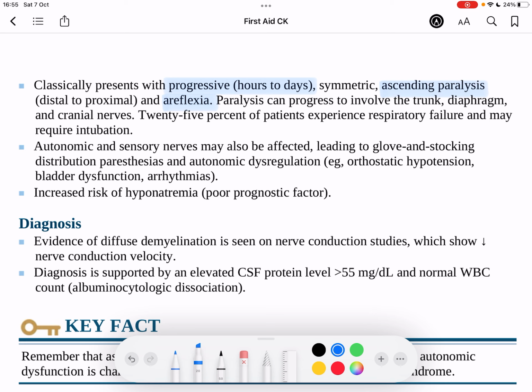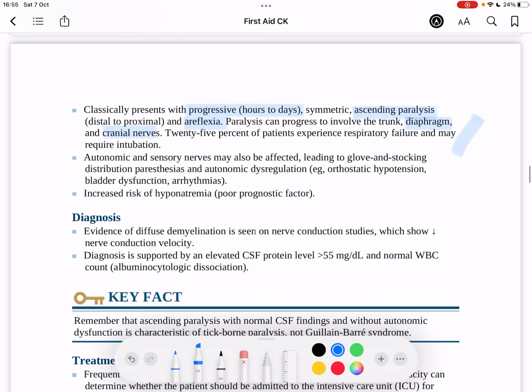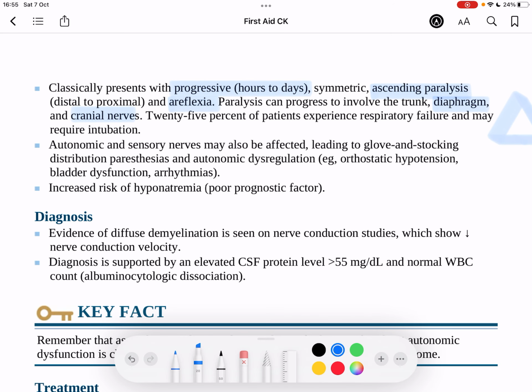Paralysis can progress and involve the trunk, the diaphragm, and also cranial nerves. 25% of patients experience respiratory failure and may require intubation. And this fact here is something that the board exams are going to test you a lot on. Autonomic and sensory nerves may also be affected, and this usually leads to a glove and stocking distribution of paresthesia and autonomic dysregulation.